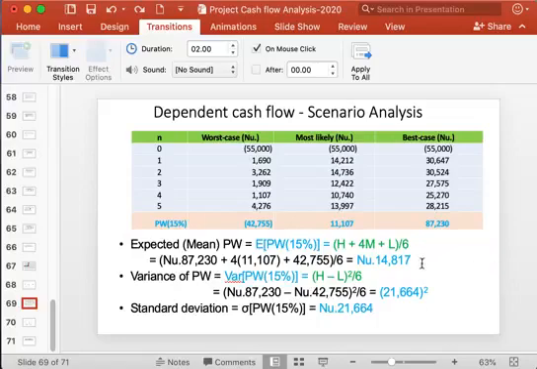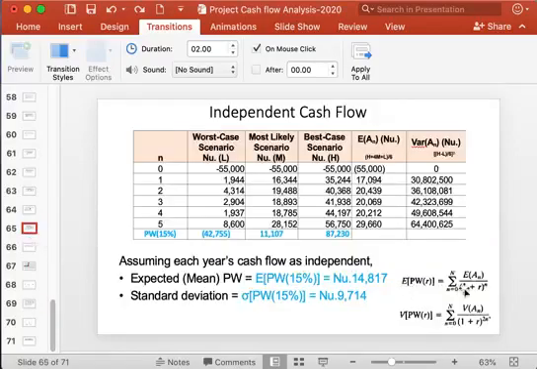The thing is that unlike in the earlier case, the expected or the mean present worth was simply a summation of the present worth of each year's present worth.